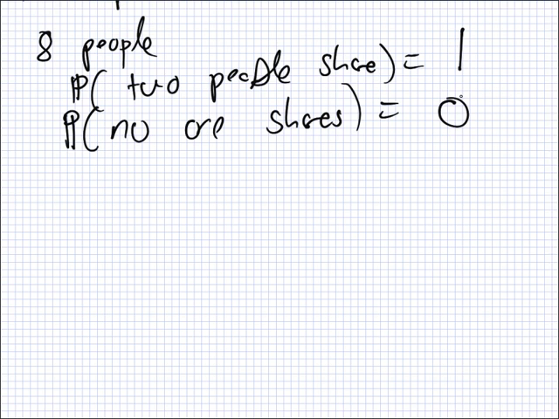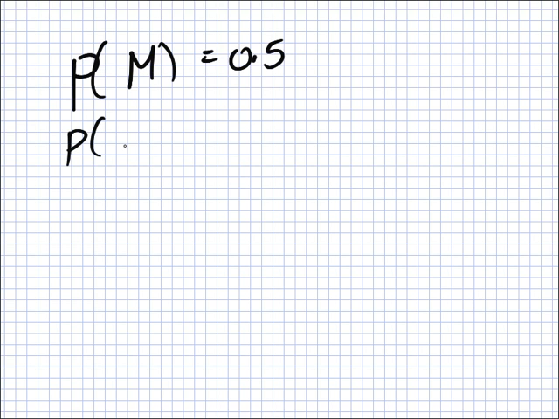Let's give you another one here. Half of students are male and 80% of students study maths. So the probability of male is a half, and the probability of studying maths is 80%.